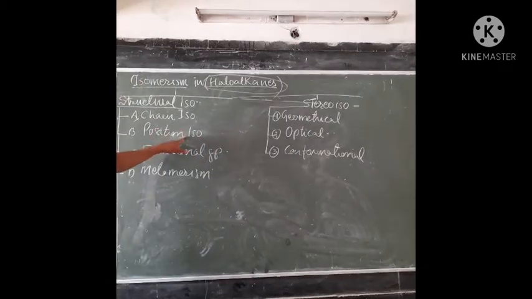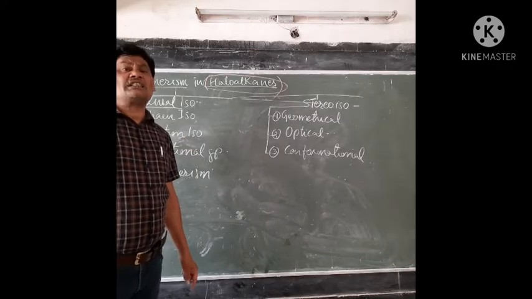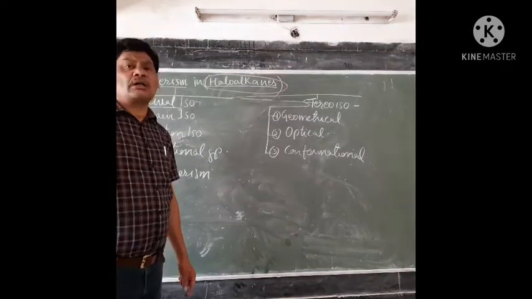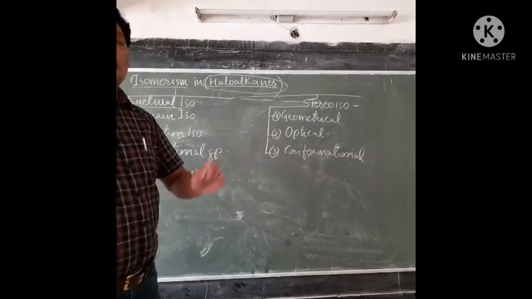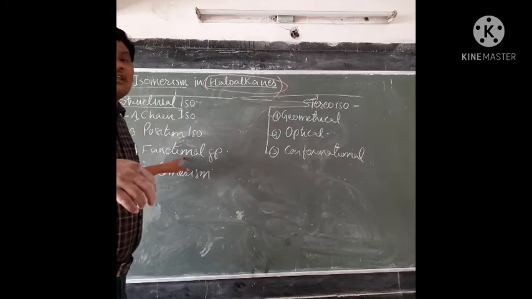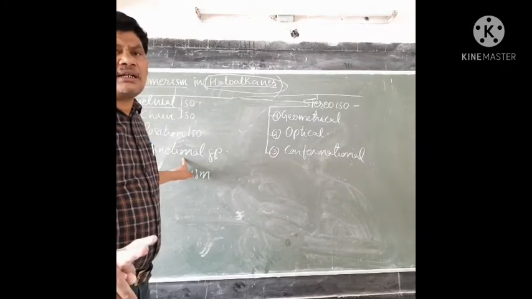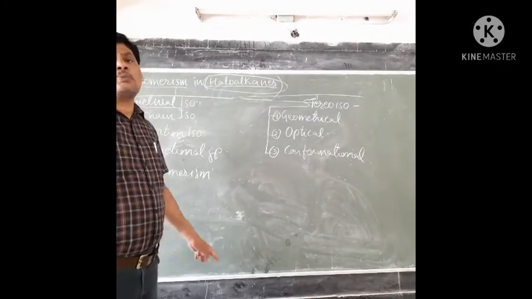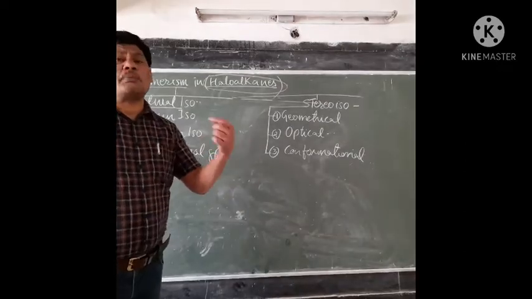Position isomerism is when the position of the functional group differs in two or more compounds, but they have the same molecular formula. Functional group isomerism is when the functional groups in two compounds are different, but they have the same molecular formula.